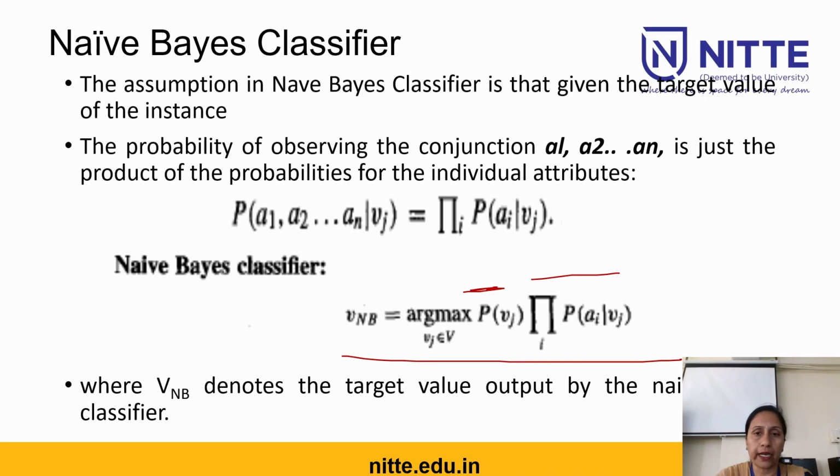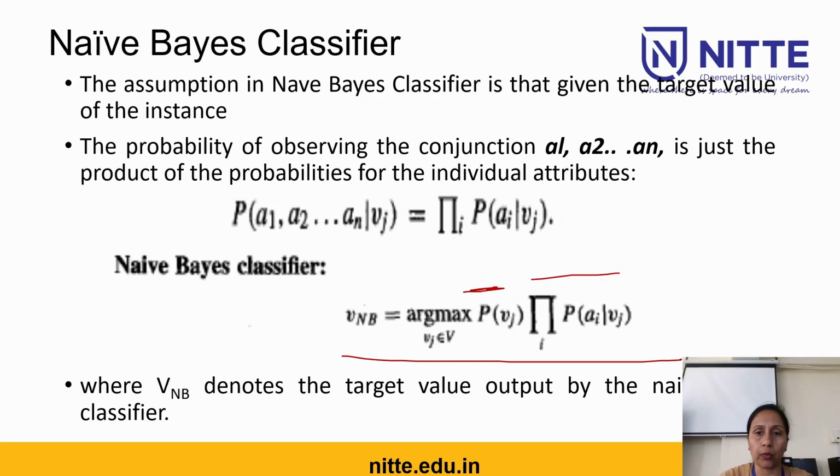All the attributes are independent of each other. That's the basic assumption in naive Bayes text classifier. Where this assumption is not there, we come to the next algorithm, called BBN, Bayesian belief network. We have an assumption that some of the attributes or features are dependent on each other, but here they are independent.